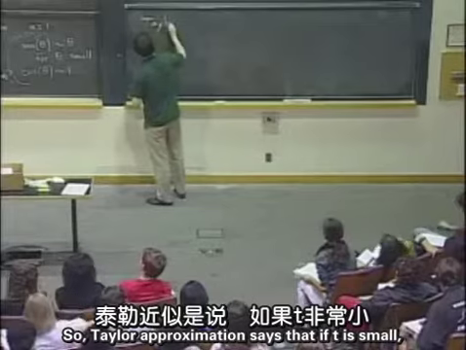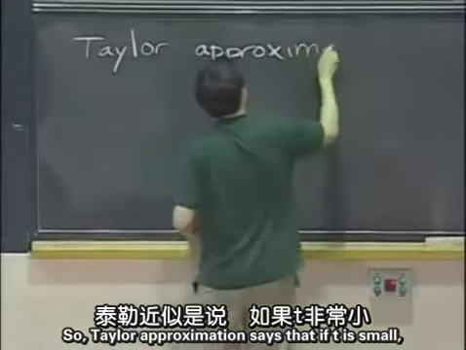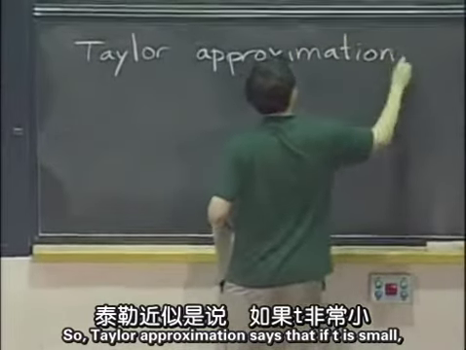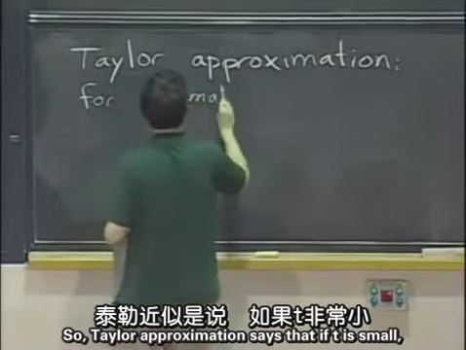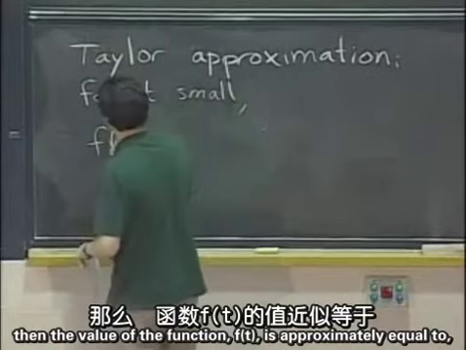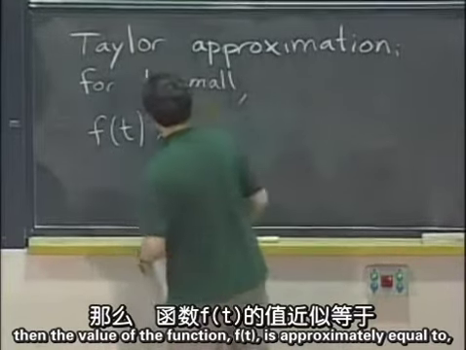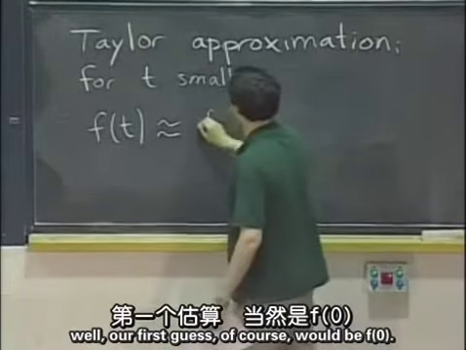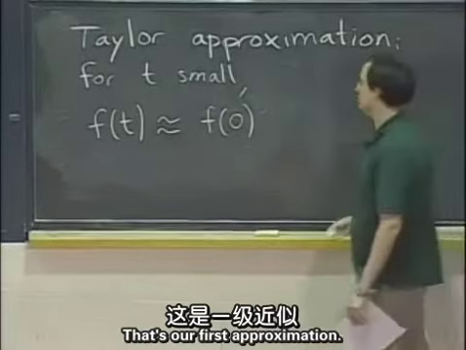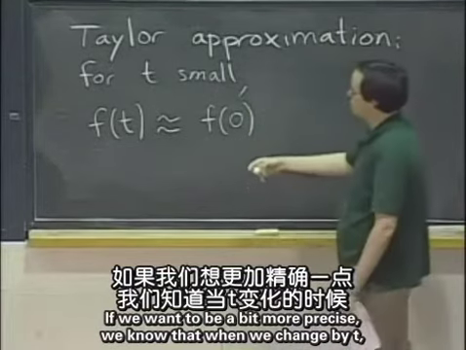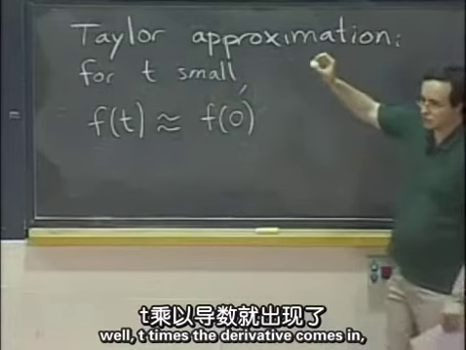So Taylor approximation says that if t is small, then the value of a function f of t is approximately equal to, well, our first guess would be f of 0. That's the roughest approximation. If we want to be a bit more precise, when we change by t, t times the derivative comes in.